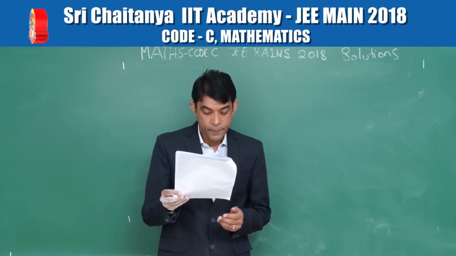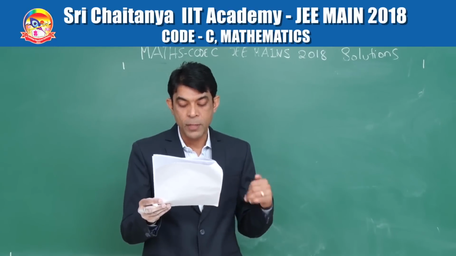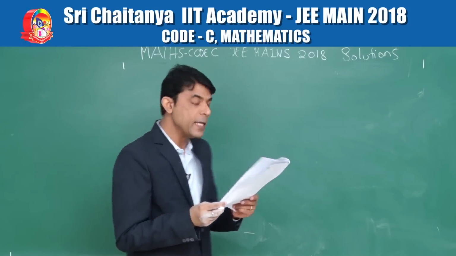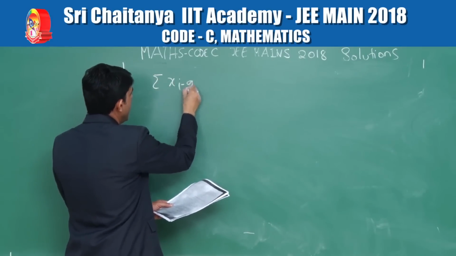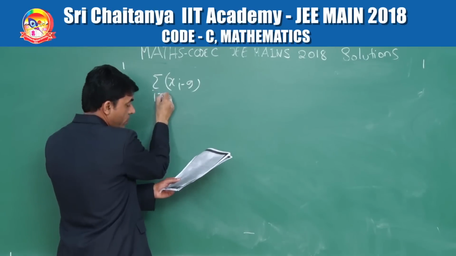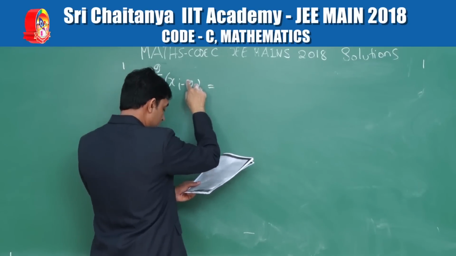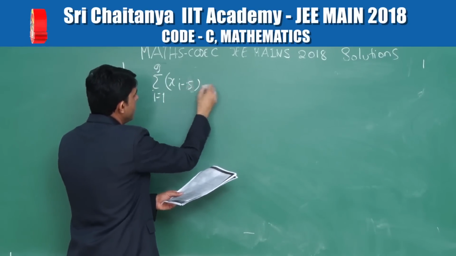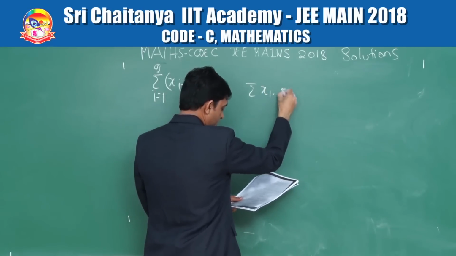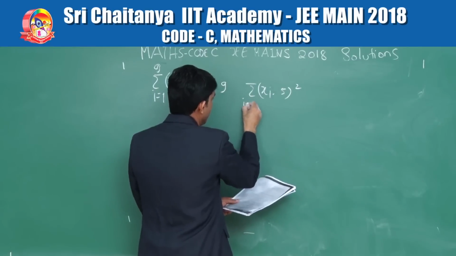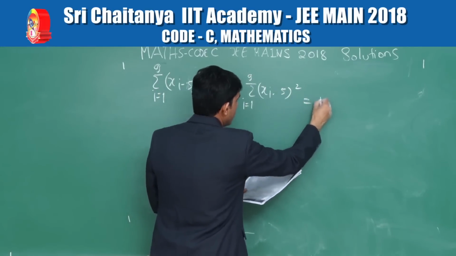Number 39, this question concerns the standard deviation of some items. So let's write the data. It says sigma of xi minus 5, where i ranges from 1 to 9, equals 9, and sigma xi minus 5 whole square, i from 1 till 9, equals 45.